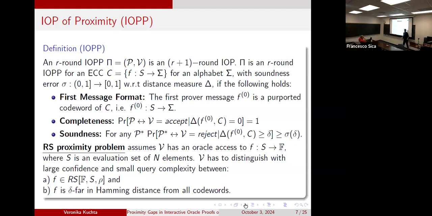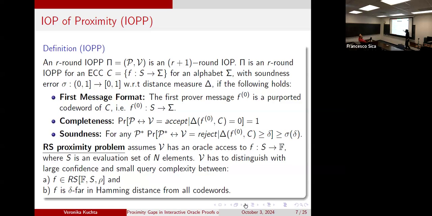Now, the soundness property. Remember how it was defined for the other proof systems. If the prover was malicious, then the probability that a malicious prover manages to convince the verifier of the correctness of a statement should be negligible. So what does it mean here for IOPPs, interactive oracle proofs of proximity?